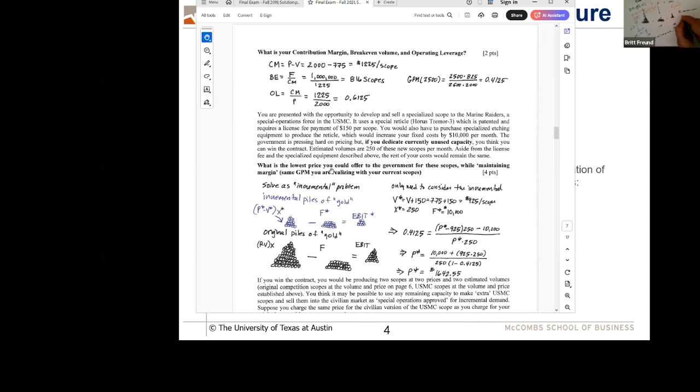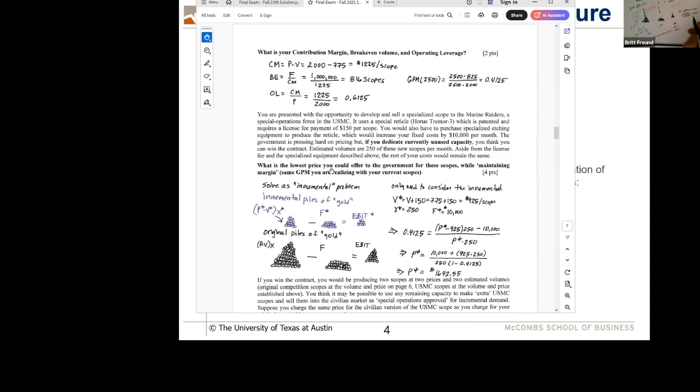I also know that gross profit margin is defined as the EBIT. I'll do these stars here so that we know it's the Marine Corps. I know that the gross profit margin of the Marine Corps needs to be 41.25%. And I know that gross profit margin is defined as the EBIT that I make at 250 scopes divided by the revenue I bring in at 250 scopes, and I still want this to be 0.4125.